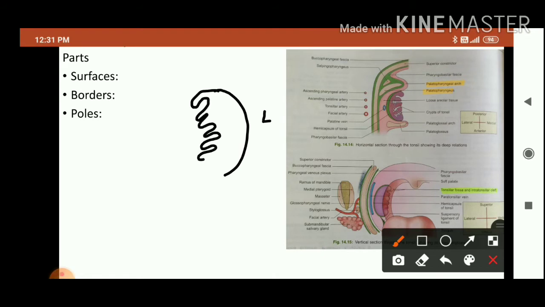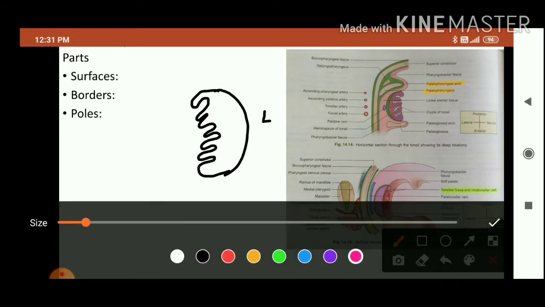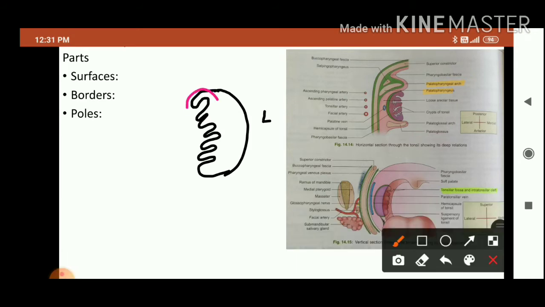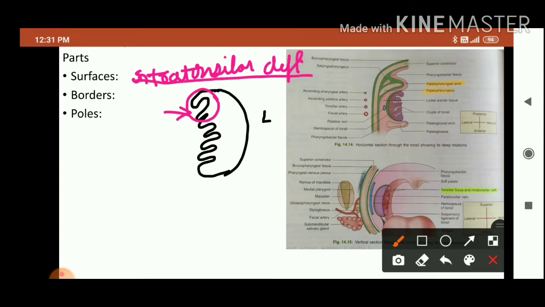Okay, these clefts or depressions are seen on the medial surface, and very prominently the most superior cleft is known as intratonsillar cleft. Yes, this is the most prominent cleft of the medial surface of palatine tonsil, and most people generally confuse it with supratonsillar fossa, but no, this is included in one of the clefts of palatine tonsil.